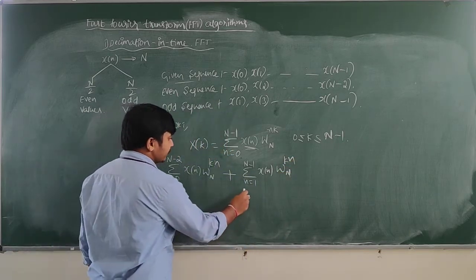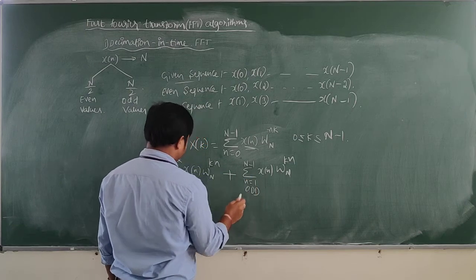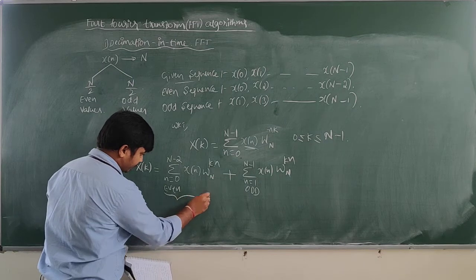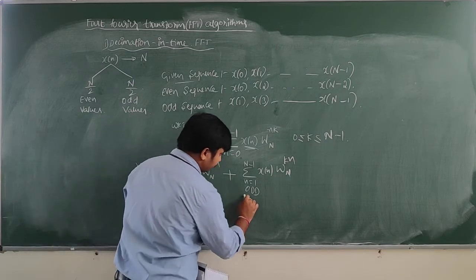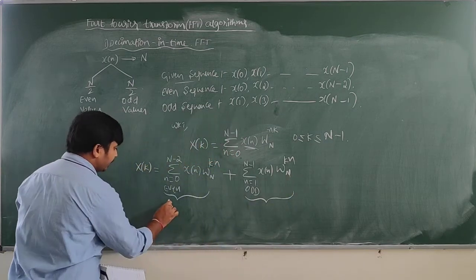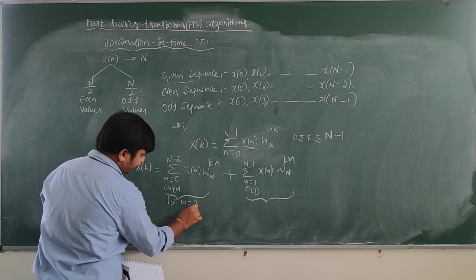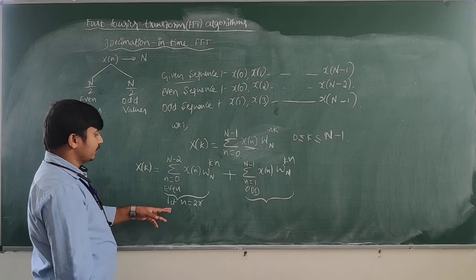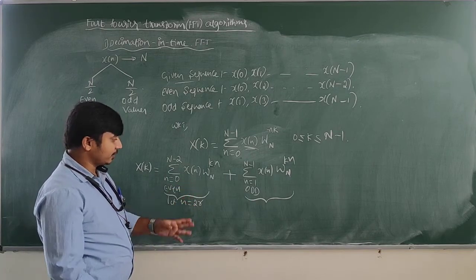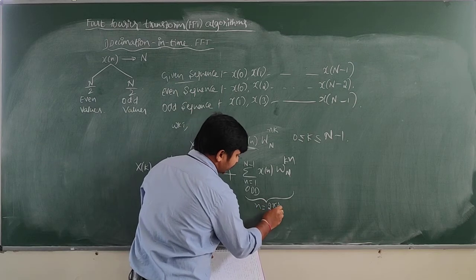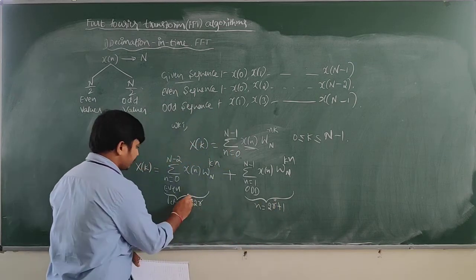Now replace n by 2r: put n equal to 2r in the even sequence and n equal to 2r plus 1 in the odd sequence.